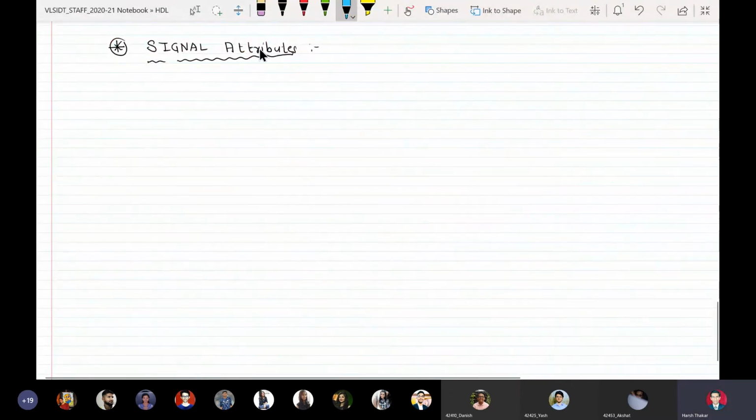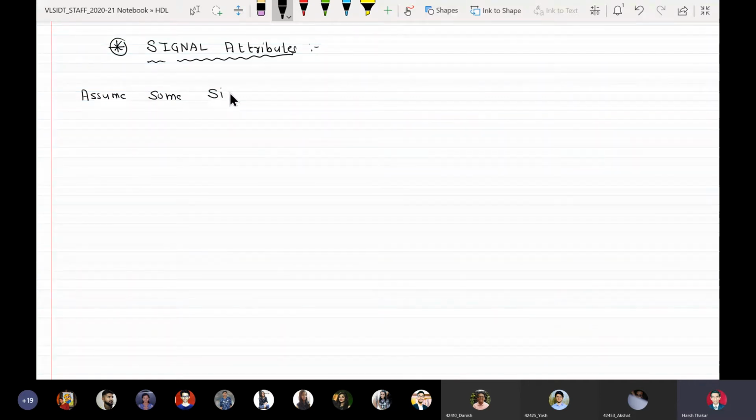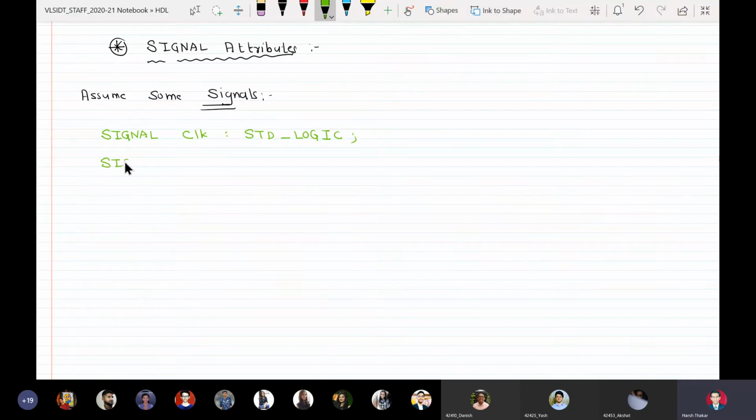So now we will define a signal, say clock. We will say signal clock colon standard underscore logic. So this is the first signal. Another signal which we define is a signal Z. Again, it is, say for example, standard underscore logic.